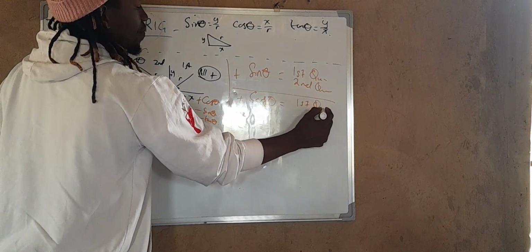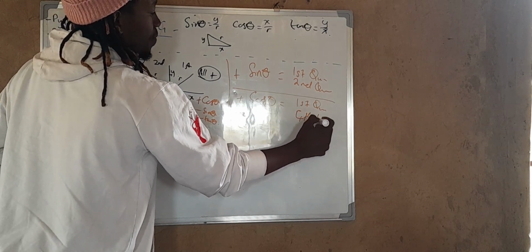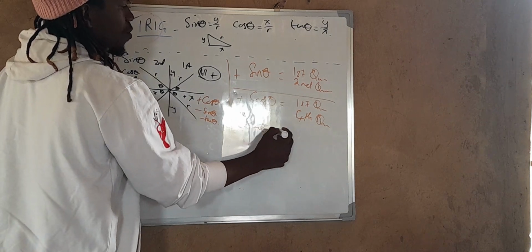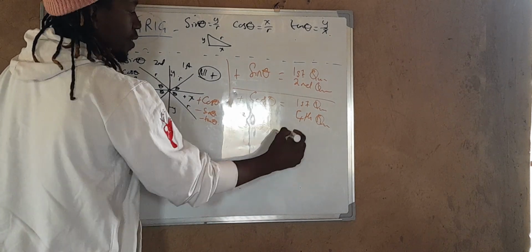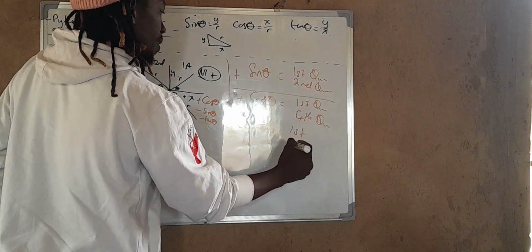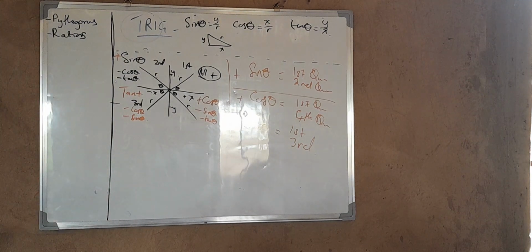First quadrant and also in the what? Fourth quadrant, right? And to have a positive tan theta, it should be talking about what? First and third. Is this making sense? Yeah?